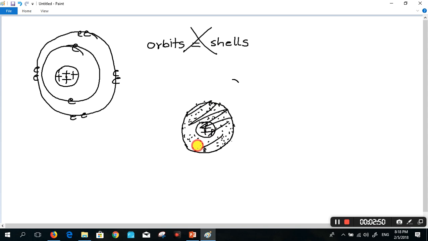This region then, which is a sphere, I would call the orbital. An orbital is defined as the region of space in which the electron is most likely to be found.